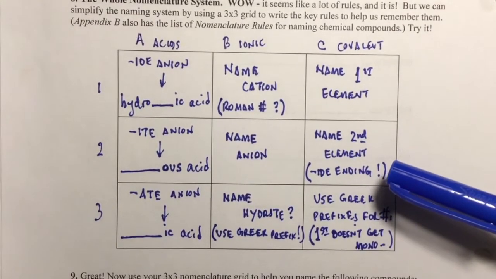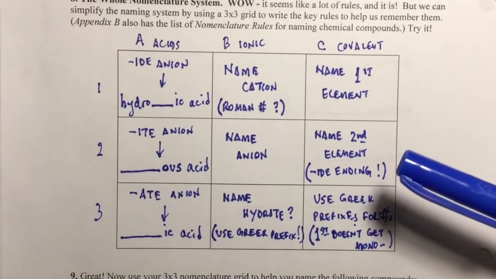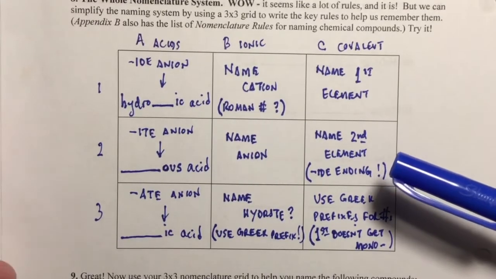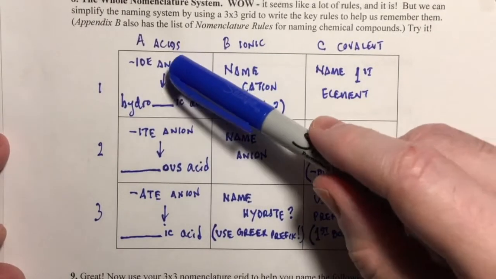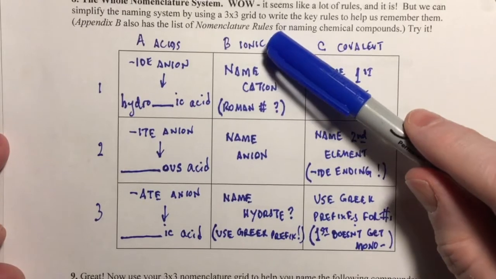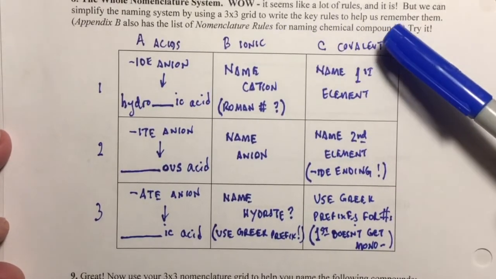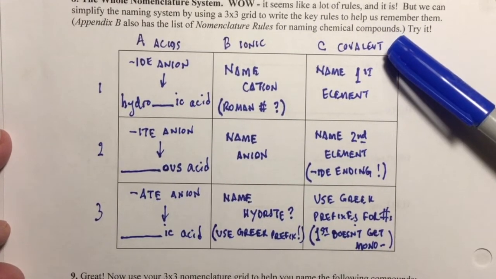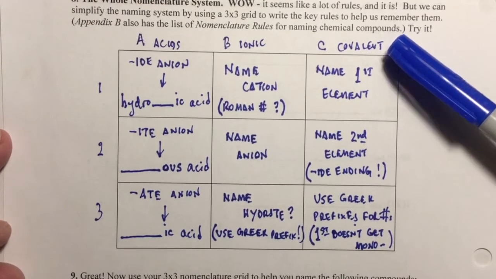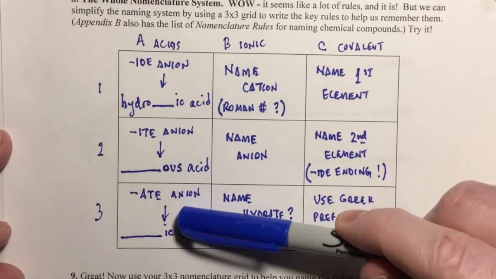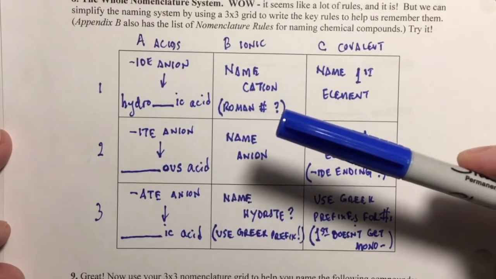So the most important thing that you can do when you're facing a nomenclature question is to ask yourself first, A, is this an acid? B, is this an ionic compound? Or C, is this covalent? And once you've asked yourself that important question, then you can apply the 3 rules for that species.